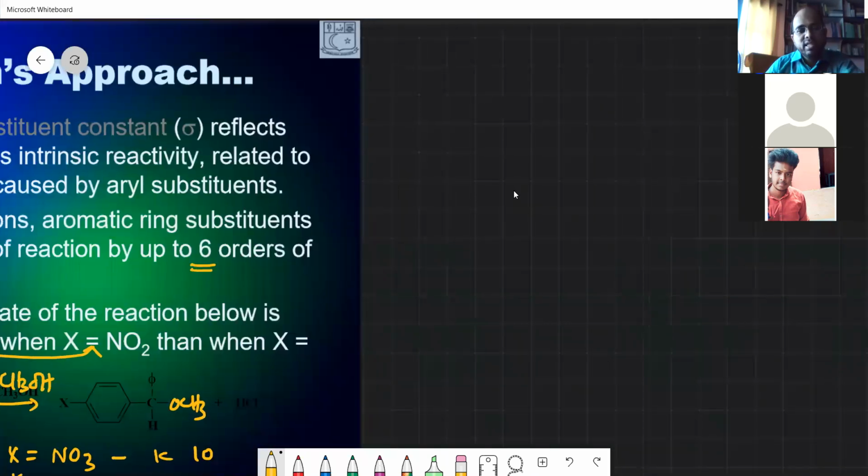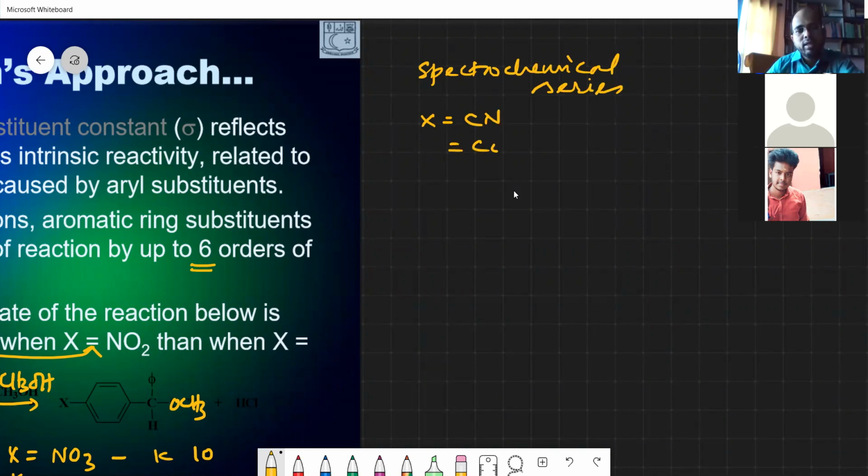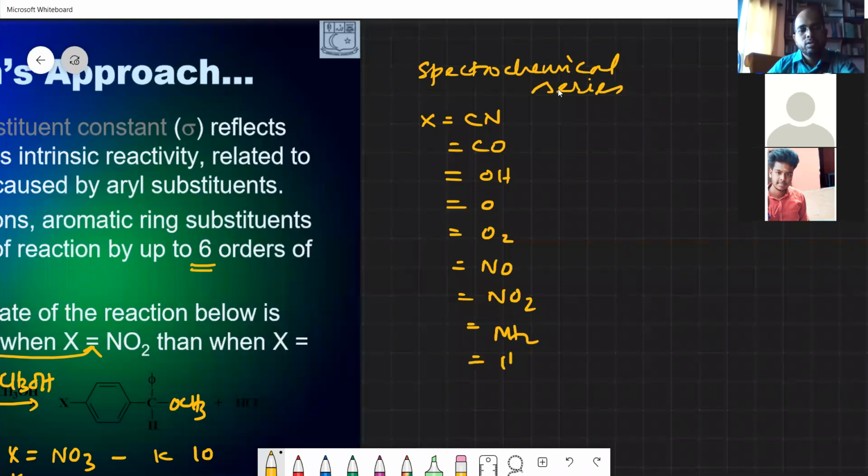So what is usually done is, some people take the spectrochemical series, in which X equals CN as the first, then CO, then OH, then O, then O2, then NO, NO2, and S2, F, Cl, Br.